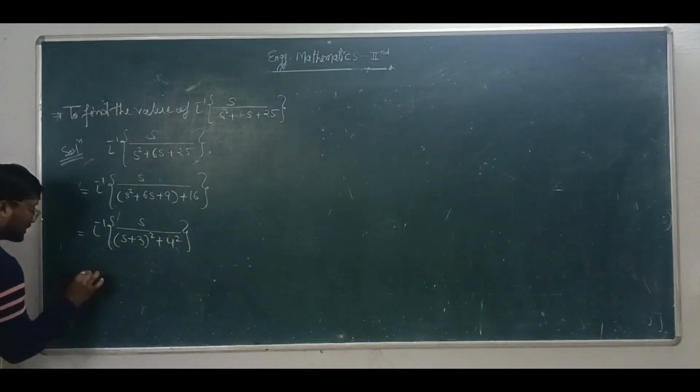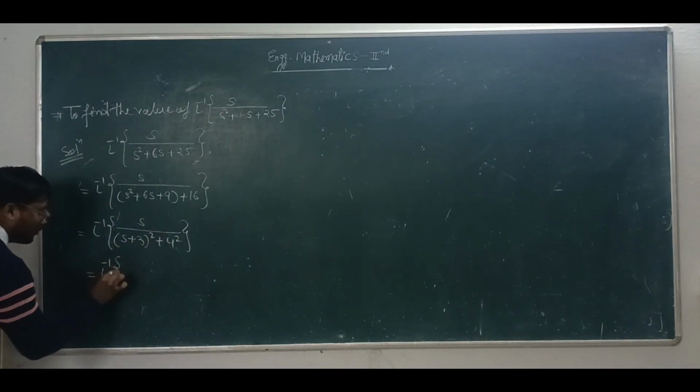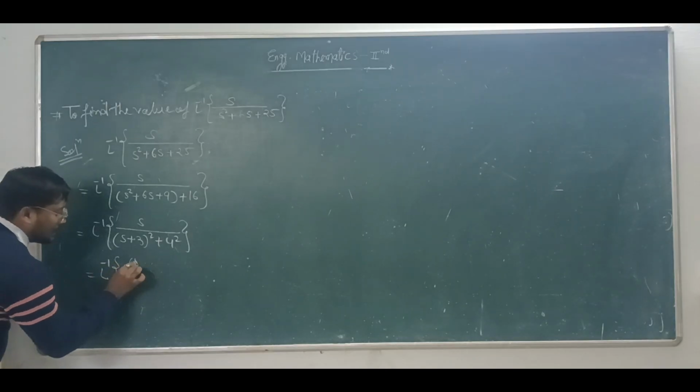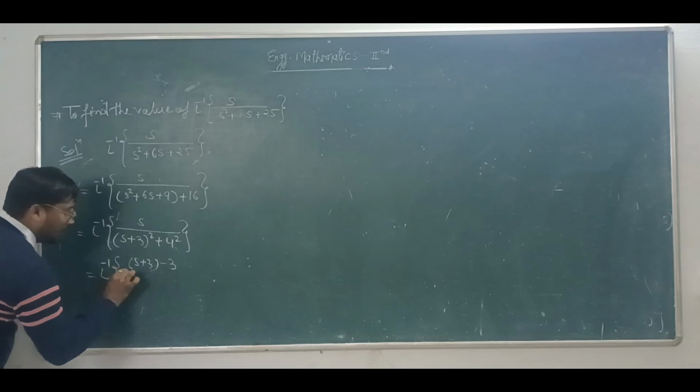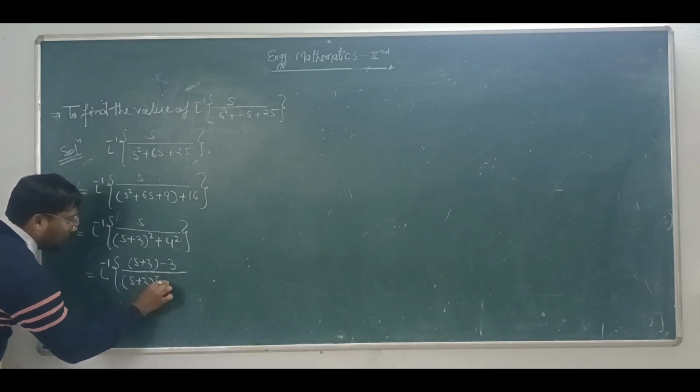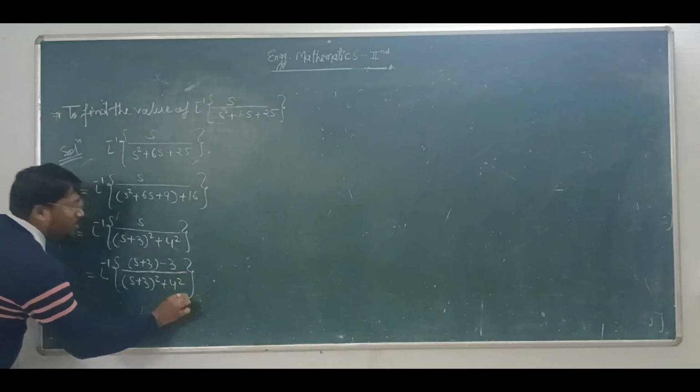Now you break this: L inverse of, adding and subtracting, plus 3 and minus 3, (s plus 3 minus 3) upon ((s plus 3) to the power 2 plus 4 to the power 2).